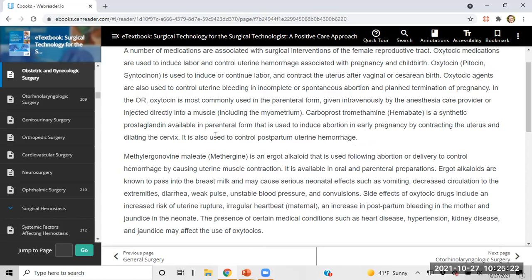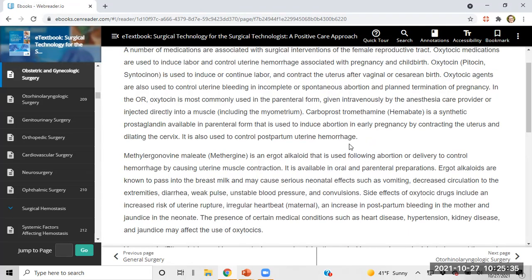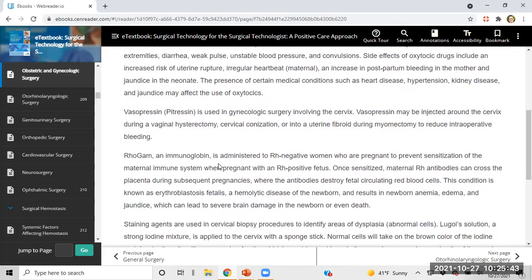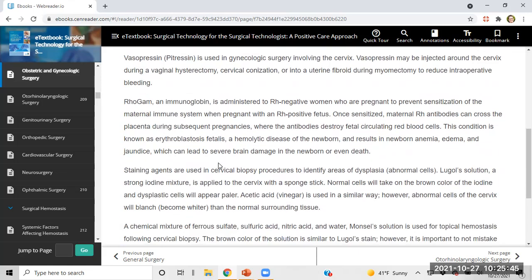Carboprost is given anytime that abortion is needed to be induced, like in the early pregnancy. And then Methergine, this is given to try to reduce the bleeding again. So you can see a lot of these in OBGYN are used when they're needing to control bleeding.